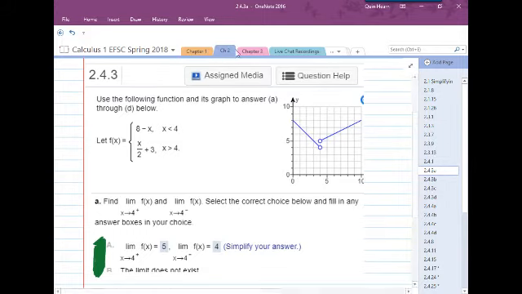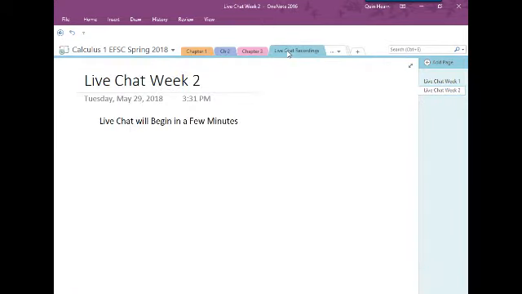It might look slightly different depending on which version of OneNote you're looking at, but basically you're going to look for a tab for live chat recordings, and then look for live chat week 3. Right here I'm going to have a link to the recording, and I'll post an announcement when that is there.